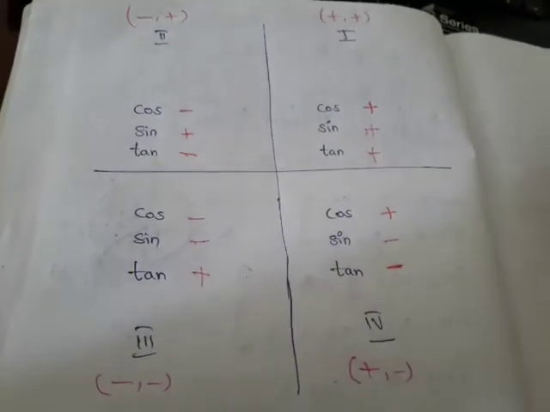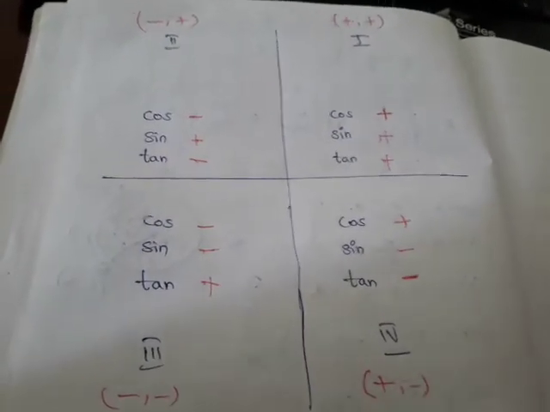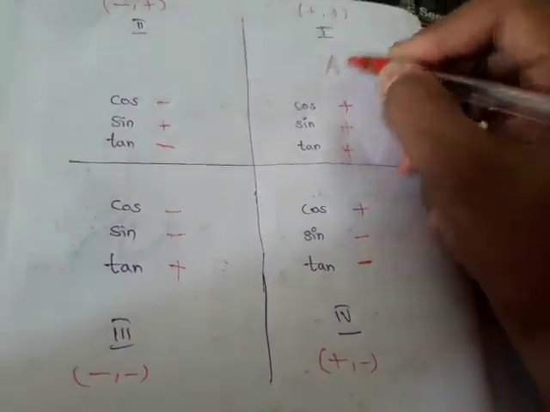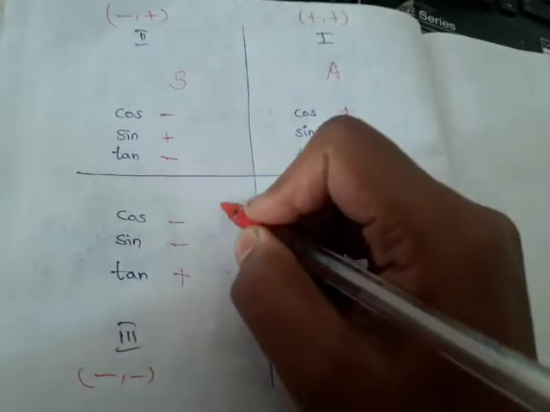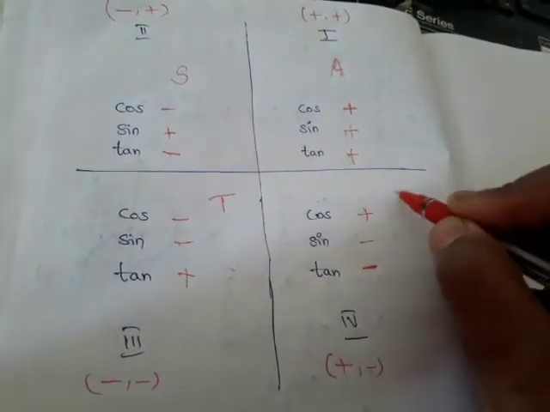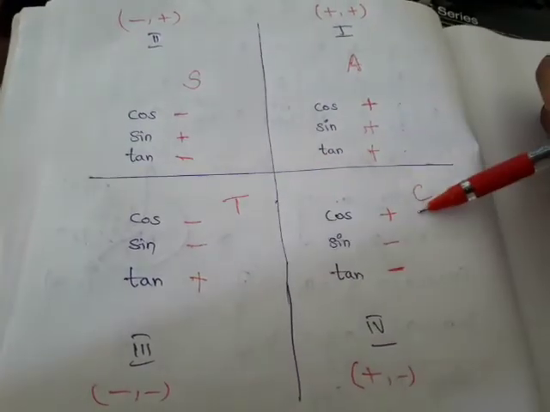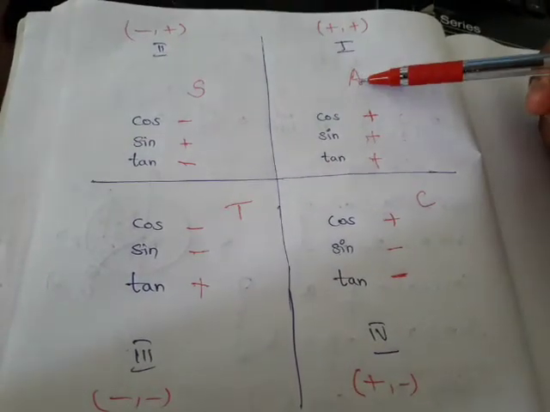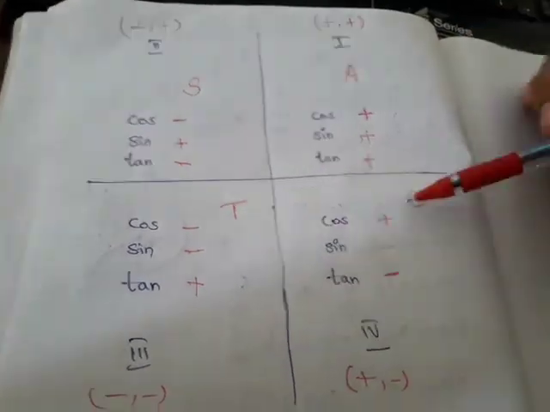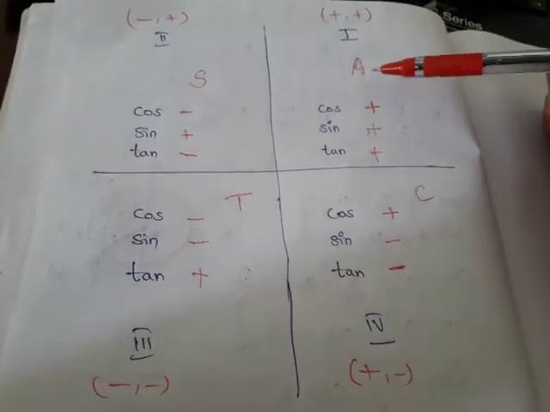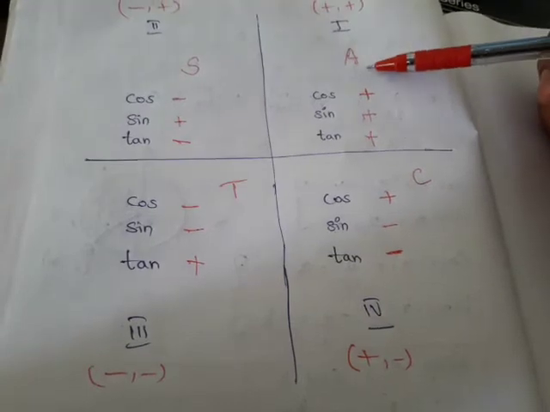So how will you remember all these? We used to have a clue which is called all silver tea cups. We will remember in this way. All silver tea cups. You have to write from the first quadrant. What does it mean? In the first quadrant, all the trigonometric ratios will be positive.